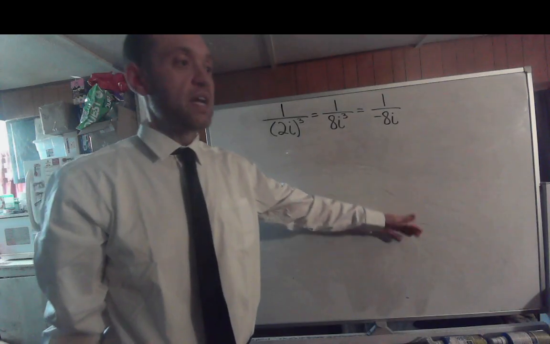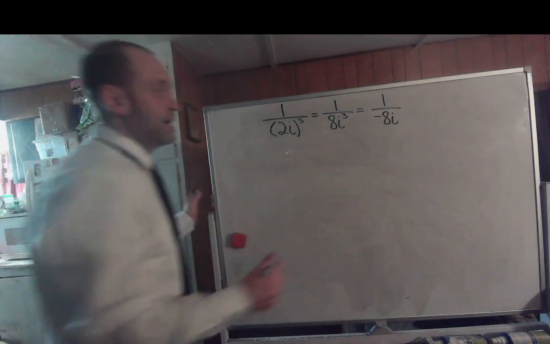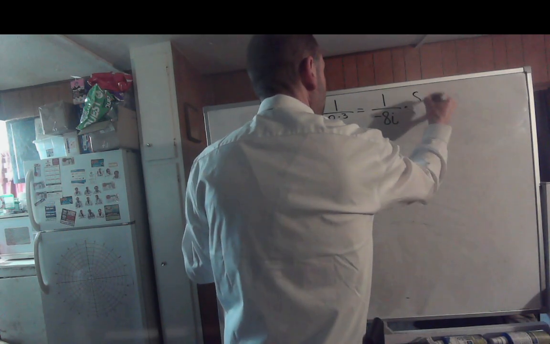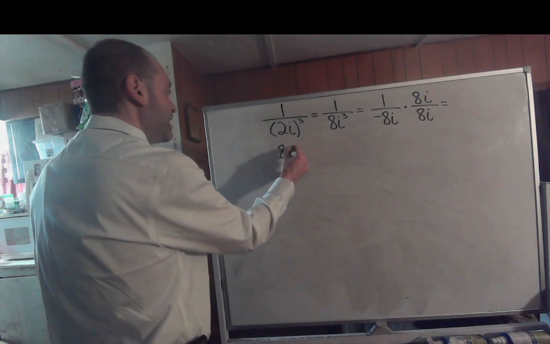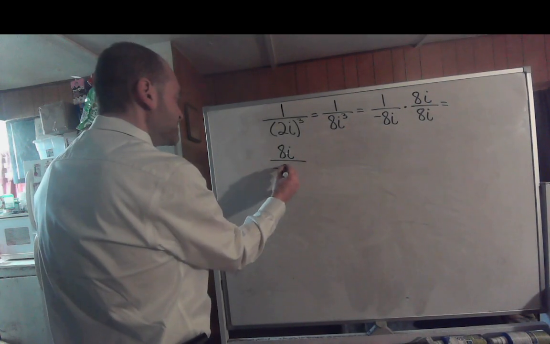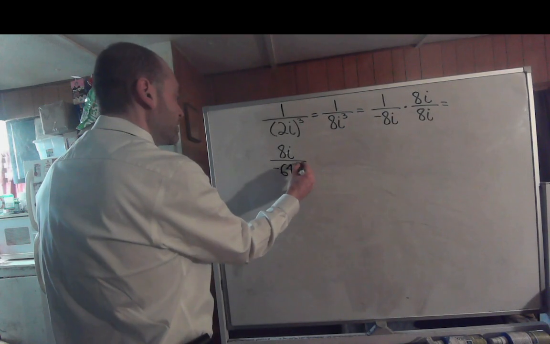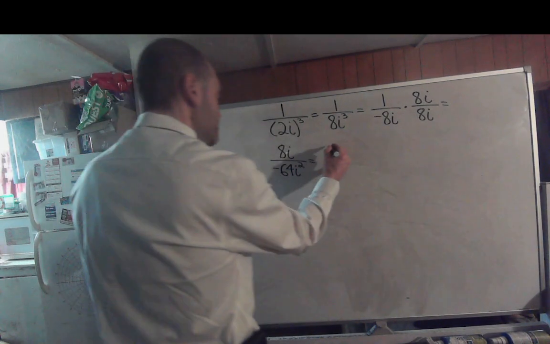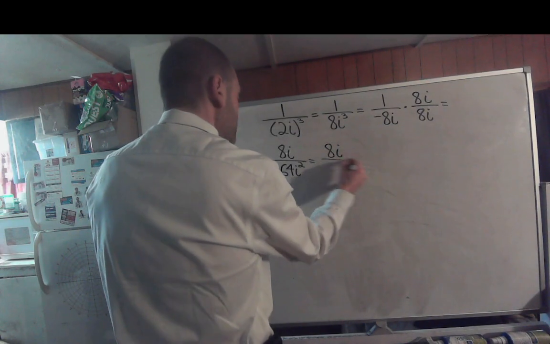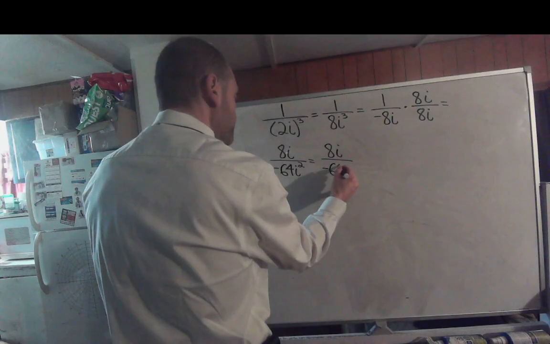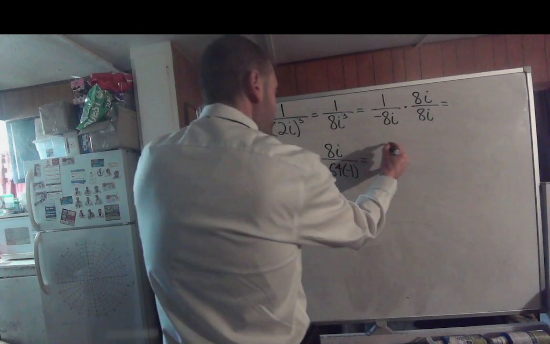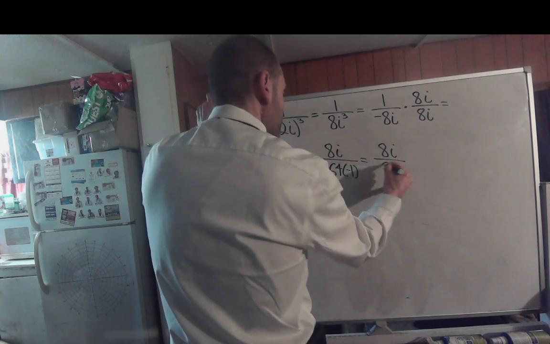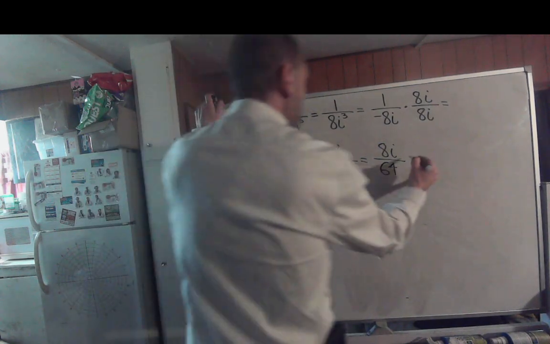So you'd have to multiply by the conjugate of 0 plus 8i, or simply 8i. So you would have 8i over 8i, which you're multiplying it by, which would convert into 8i over negative 64i squared, which would turn into 8i over negative 64 times negative 1, which would turn into 8i over 64, which would just give you 1/8 i.